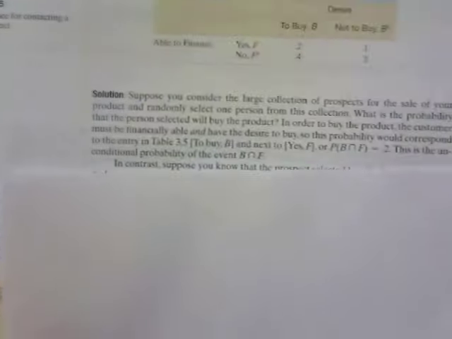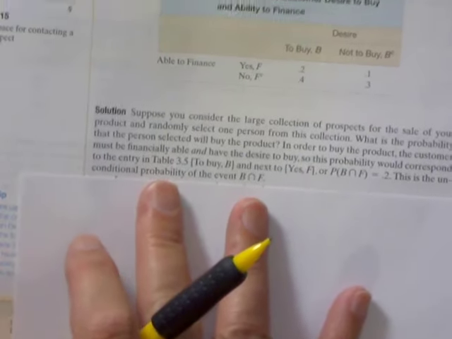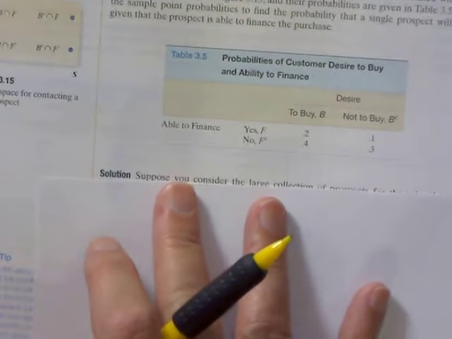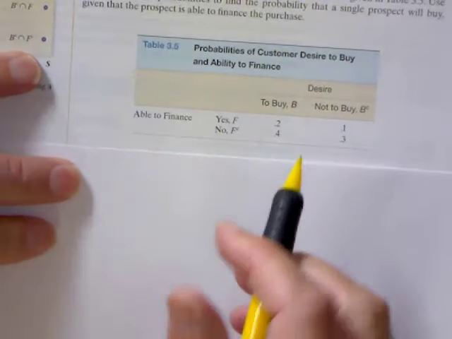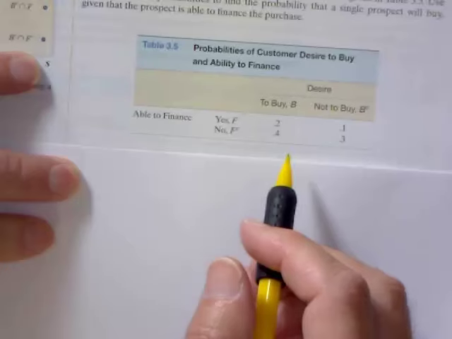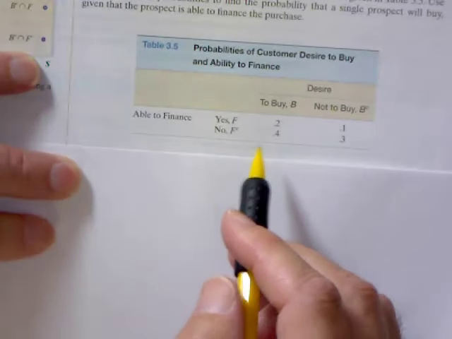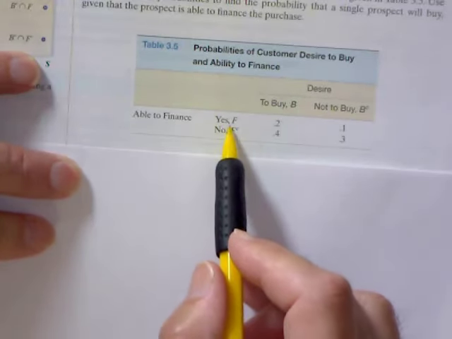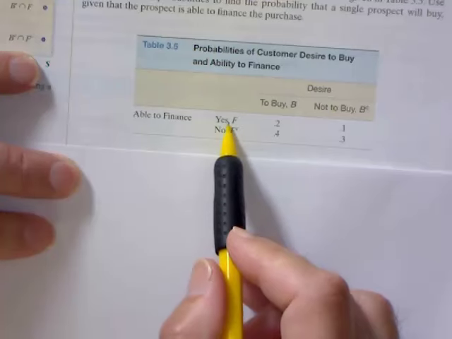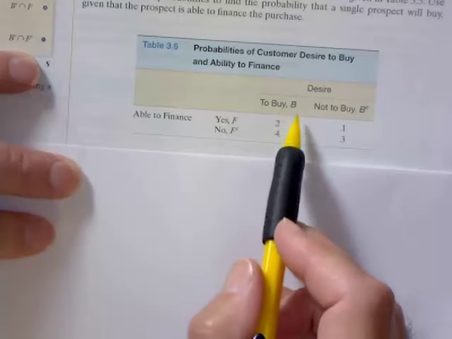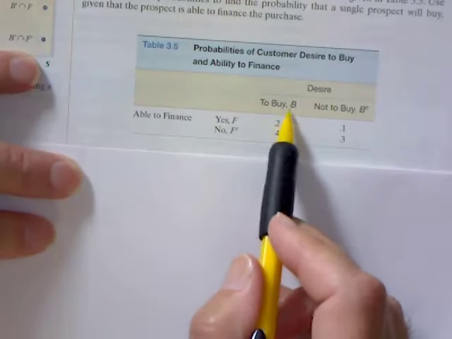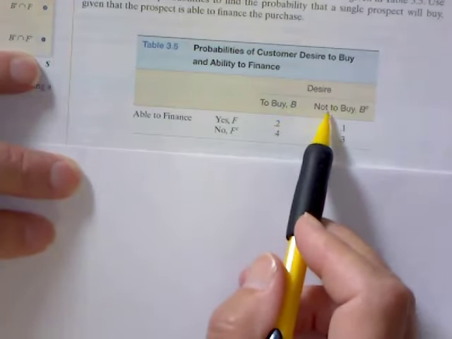Here's another nice way to look at these problems. It's in table form. So in this problem, you're interested in people buying farm equipment, I think, and earth-moving equipment. And so what can happen is that people can either have enough money to buy, or they don't have enough money to buy. Or they can have the desire to buy, or the desire not to buy.